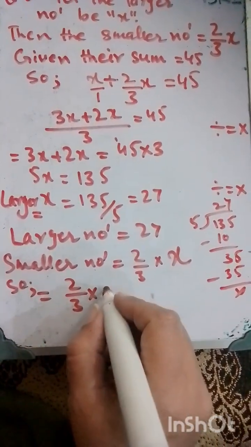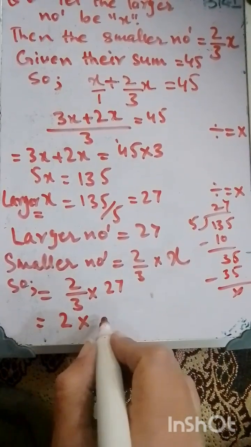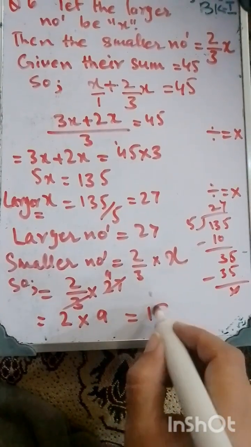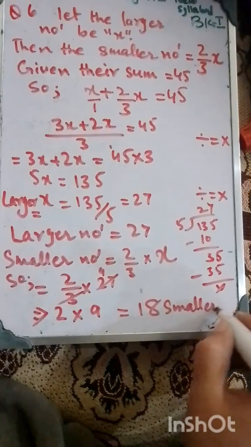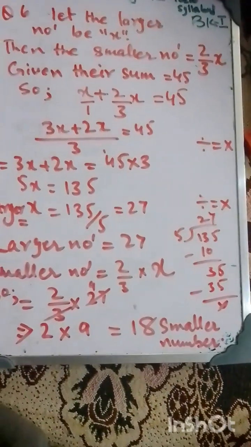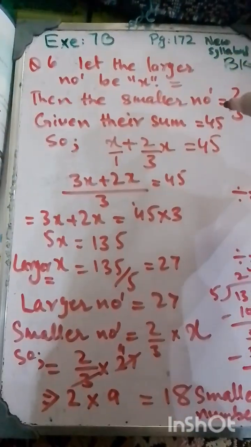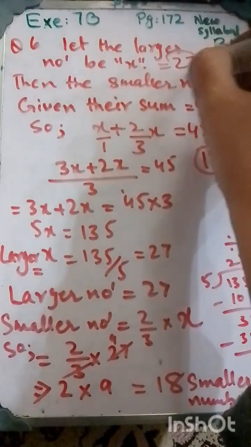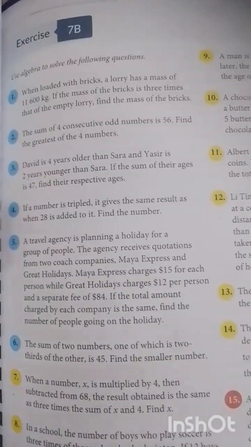Everybody knows how to simplify cross multiplication. So it is 9, 3 1 times done, 2 9s are 18. So the smaller number is 18. So the larger number is 27 and the smaller number is 18. That's the entire question done.